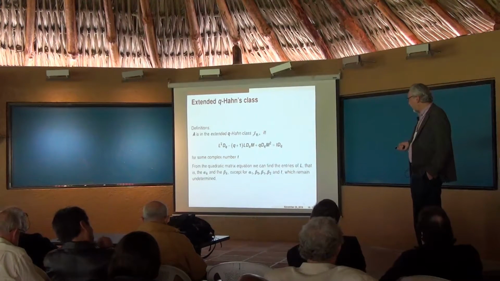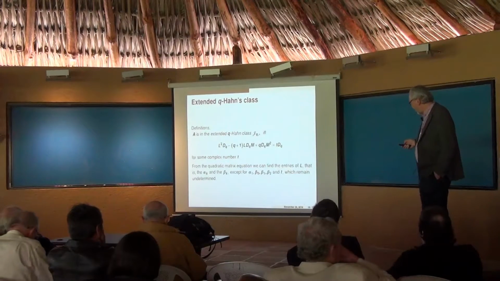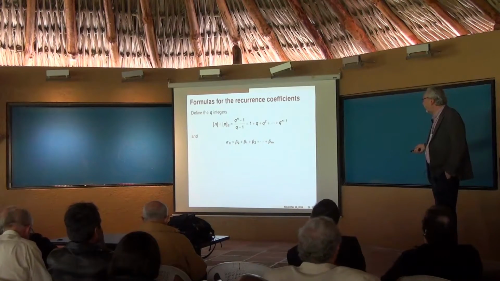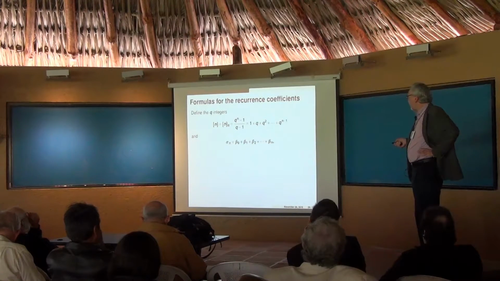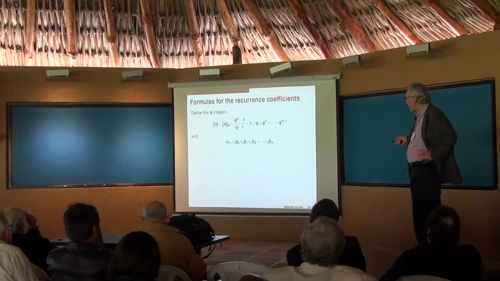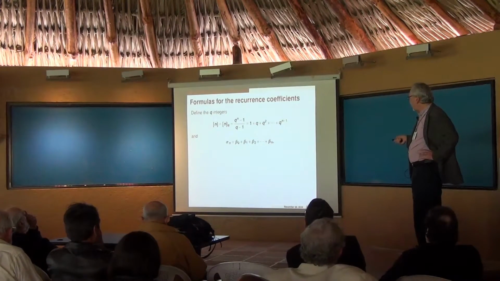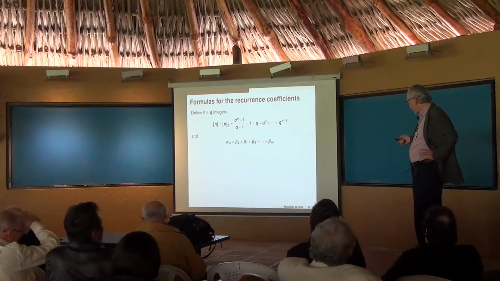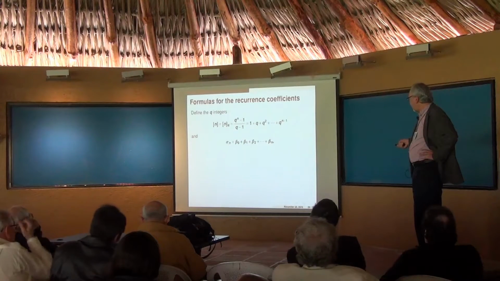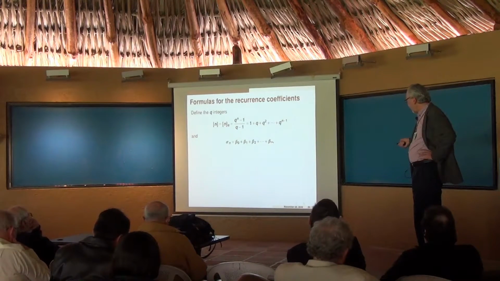The betas are independent of t. Okay, I'm going to show you the formulas for the recurrence coefficients that are obtained this way. The q integers are defined the usual way, and the sigmas are the sums of the betas.